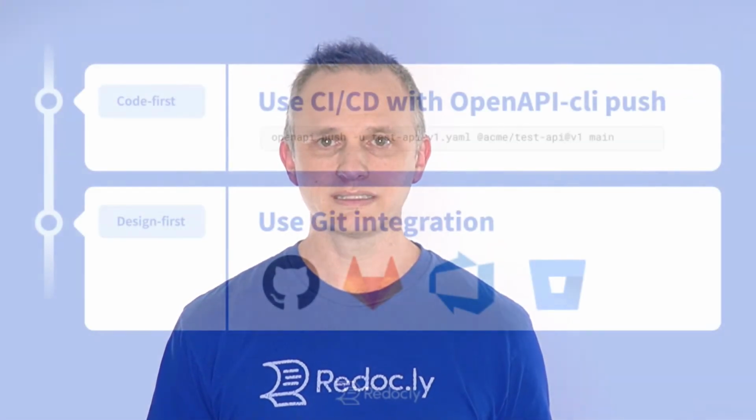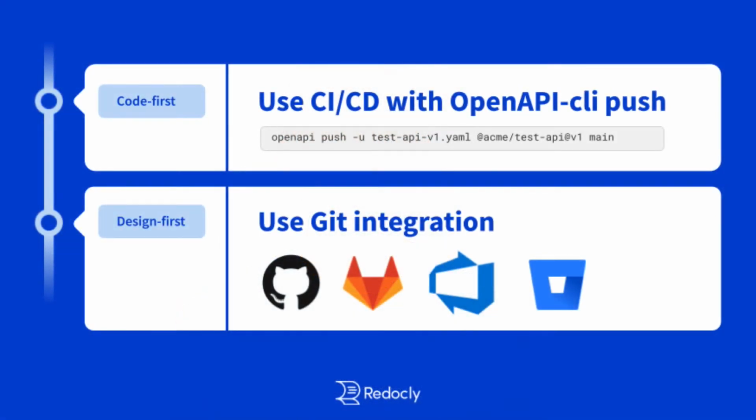With a design first approach, companies will typically integrate using Git. With a code first approach, companies will typically integrate using CI/CD and our OpenAPI CLI push command. Both are automated approaches.